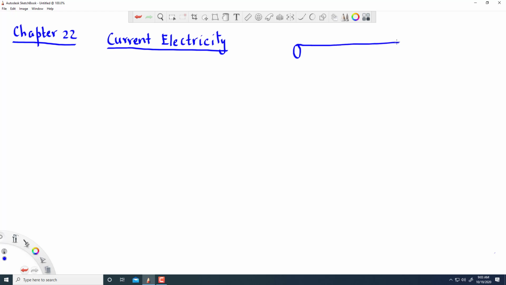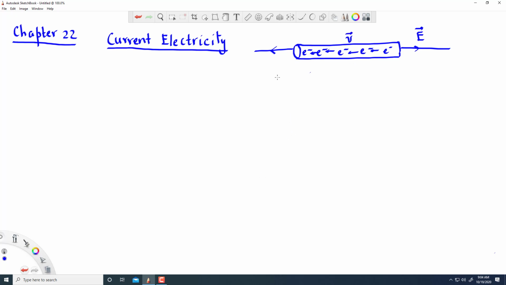So you have a conductor, okay, and this conductor has lots of free electrons, and if you push these electrons, how do you push the electrons? You basically apply electric field, okay, and this electric field exerts force on the electrons. So these electrons will flow in the direction opposite to the electric field with some velocity.